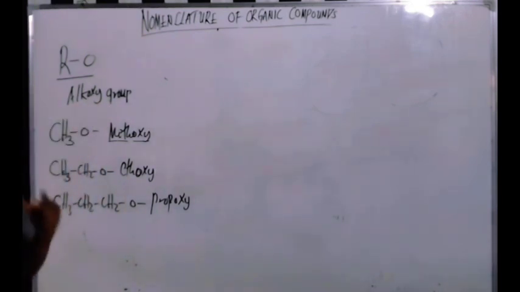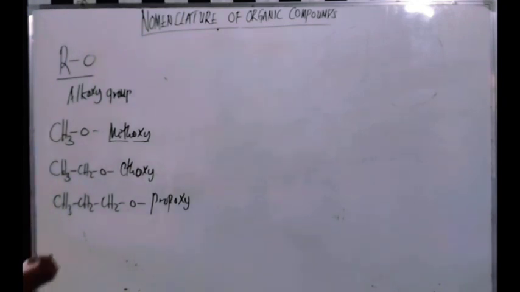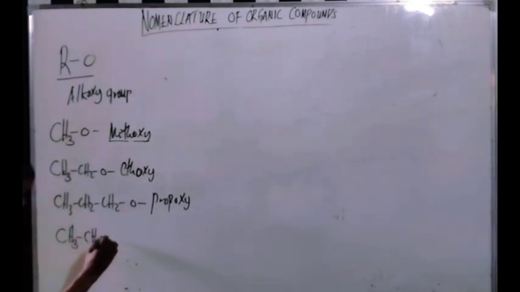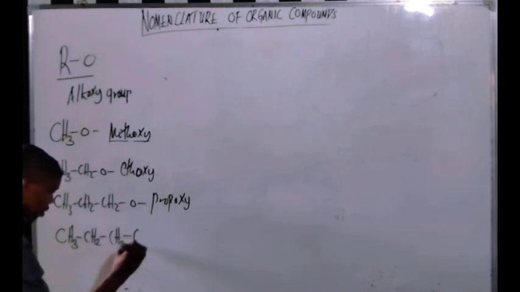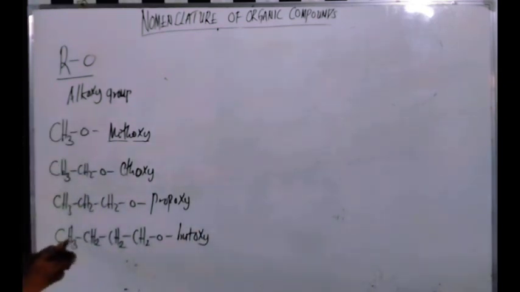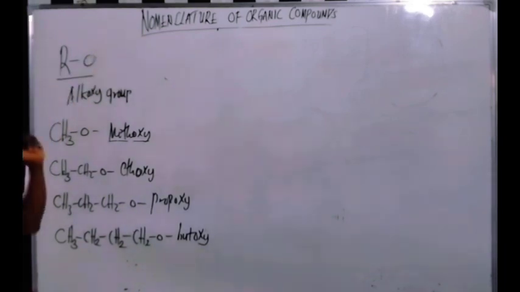So depending on the number of carbon atoms attached to the oxygen, it's called alkoxy, derived from the alkyl family. If I ask you about CH3CH2CH2CH2O, it's called butoxy. So anytime oxygen is attached to an alkyl, it is an alkoxy group.